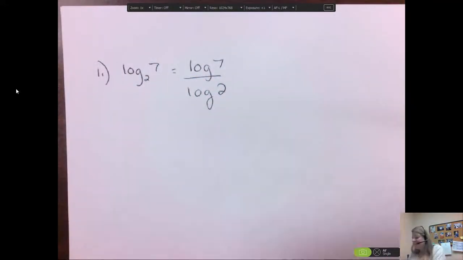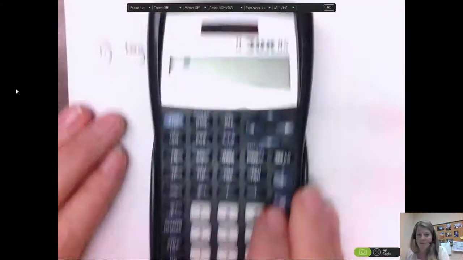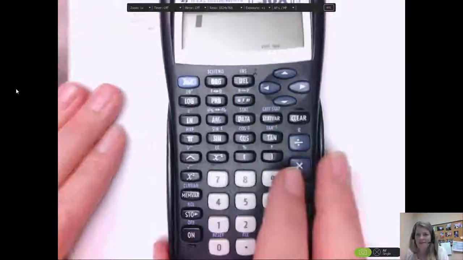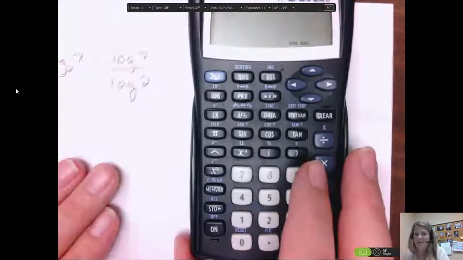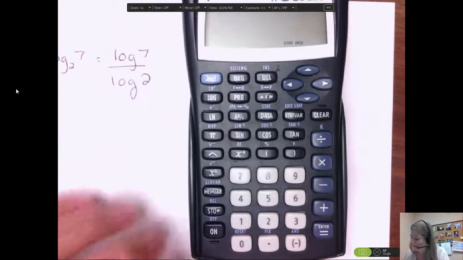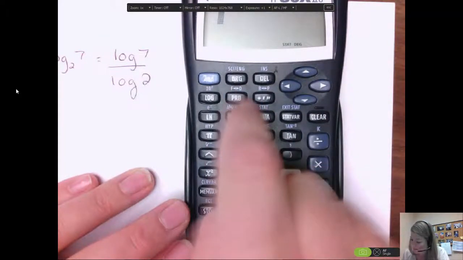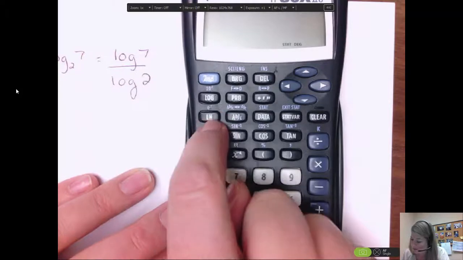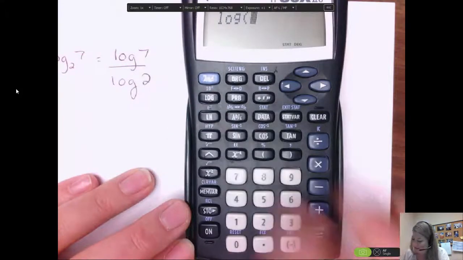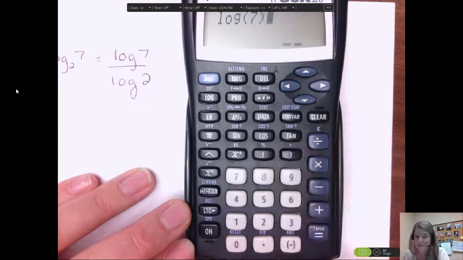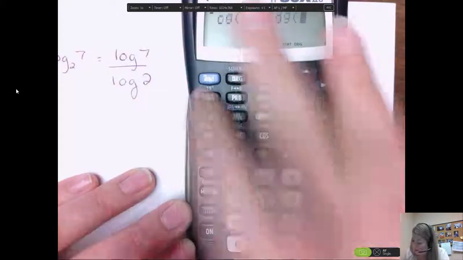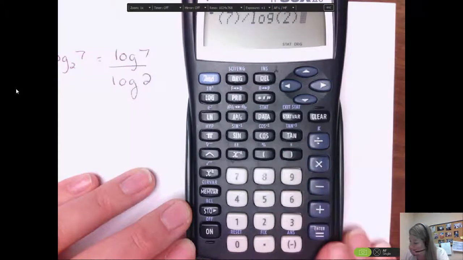I have just a scientific calculator here. So what we do is we hit the log key, which here's the natural log, but here's the log key, of 7 in your parenthesis divided by log of 2. If you didn't end your parenthesis on that, it wouldn't work.